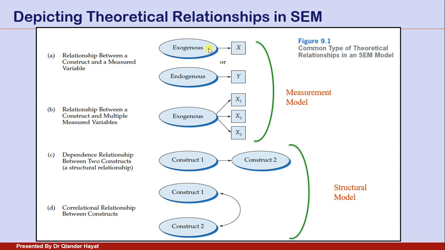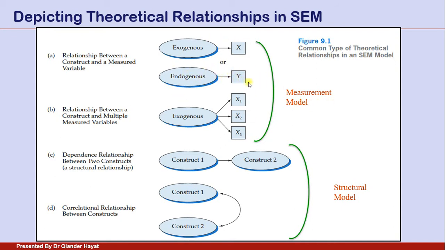And in this model, this variable is exogenous because it is influencing the other variable, while that variable in this example is endogenous because it's influencing the other. So the relationship between latent and measured variables is known as a measurement model.